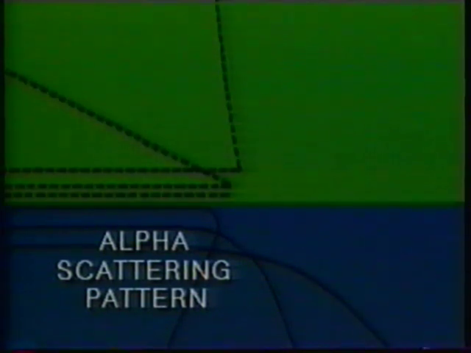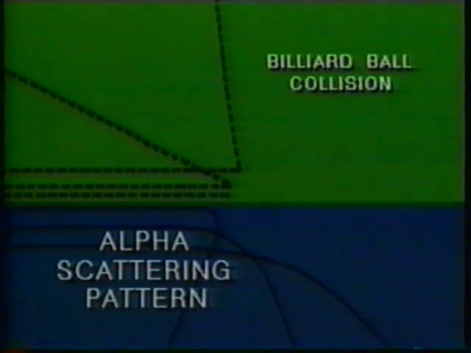Although Rutherford could not see the individual tracks, he intercepted them with screens at many different positions until he built up an idea of the actual pattern produced. And it was quite different from our earlier pattern of billiard ball collisions.